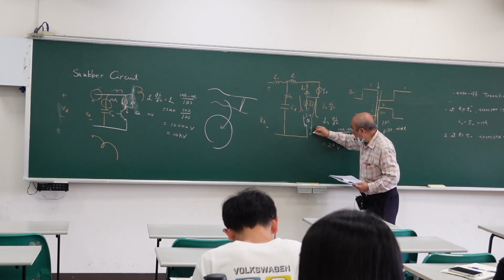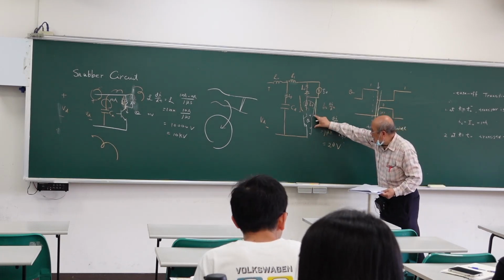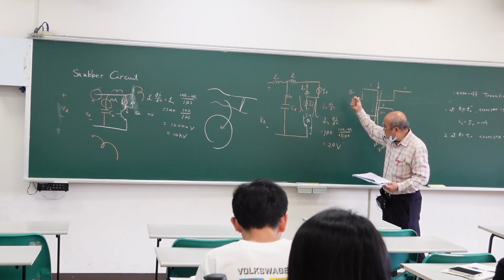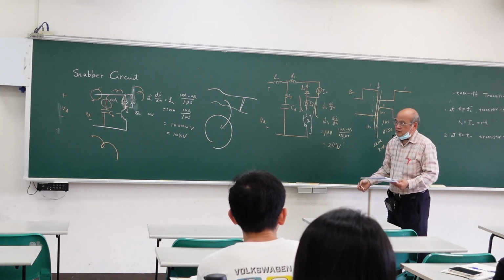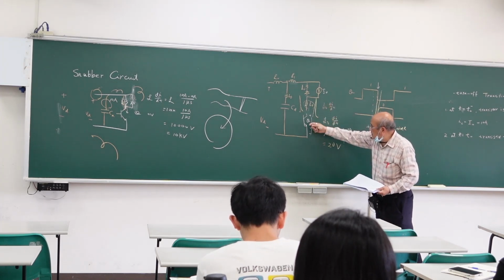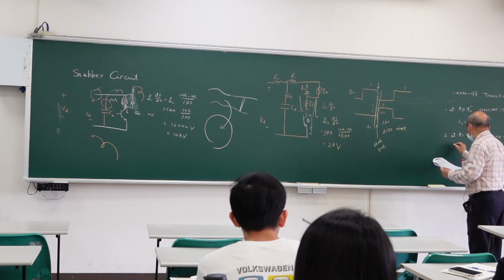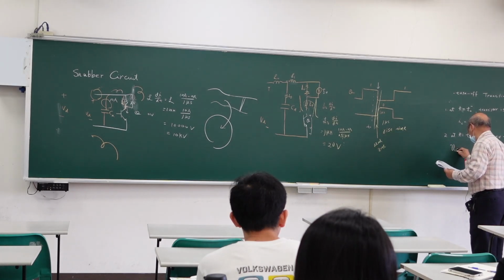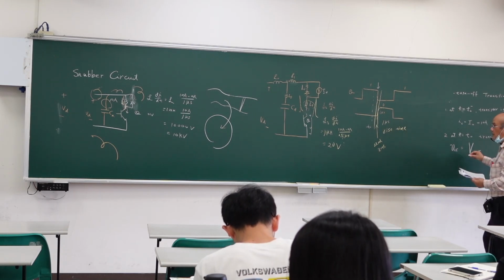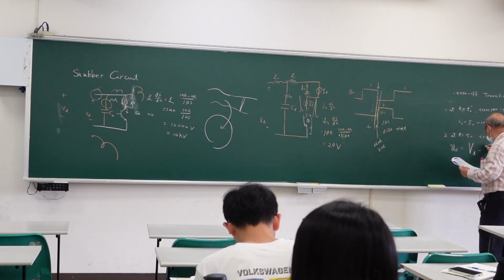If the transistor turns on, what is the voltage? Near zero. If the transistor turns off, then the voltage across the transistor increases. So we have VCE, which is equal to VD minus the inductance voltage drop.